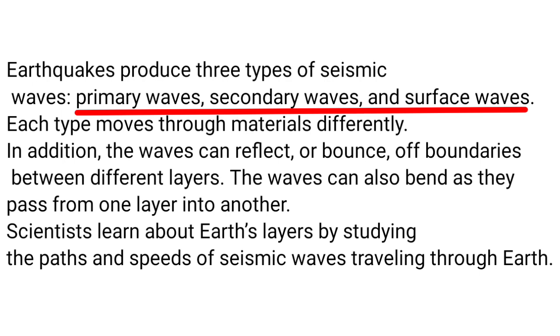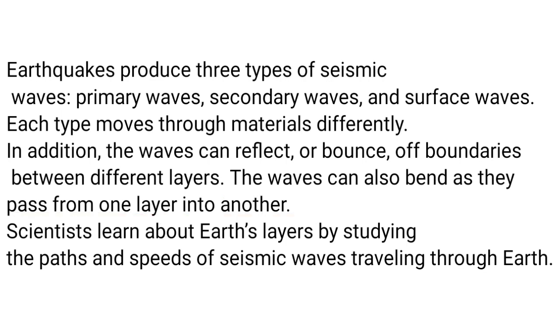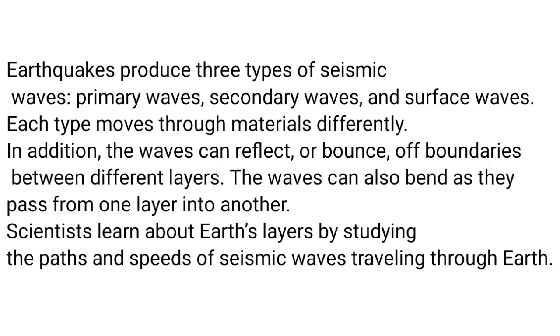Each of those waves moves differently in different materials. The waves can also bend as they pass from one layer into another. Scientists learn about the Earth's layers by studying the path and the speed of those seismic waves traveling through the Earth. Here we are also going to learn the same things.